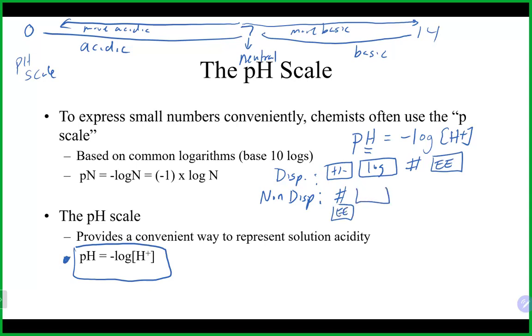You then hit the log button, and then you hit the negative button. So display calculator, just like it's written. Non-display, you pretty much have to work the backwards way, and usually always start with the number. So depending on which one you have, punch it in correctly, hopefully.